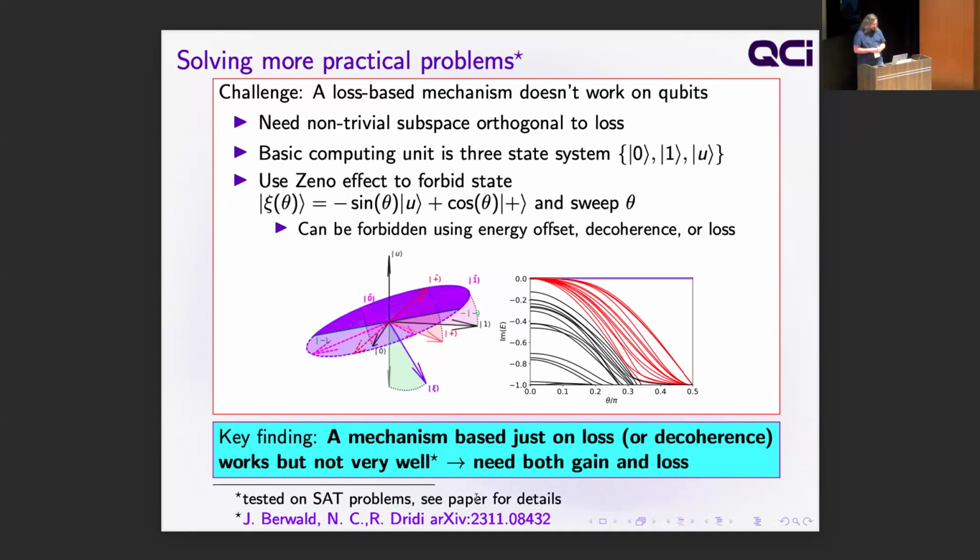Of course, I'm happy to. What we found was you have these three-state systems, because you have to do that to use it for computation. We looked at satisfiability problems, which are nice problems to look at in this way because they only have constraints. You don't have to worry about also implementing an objective.